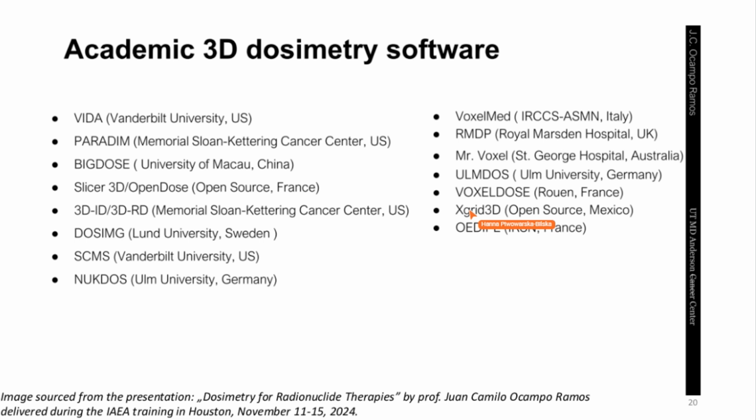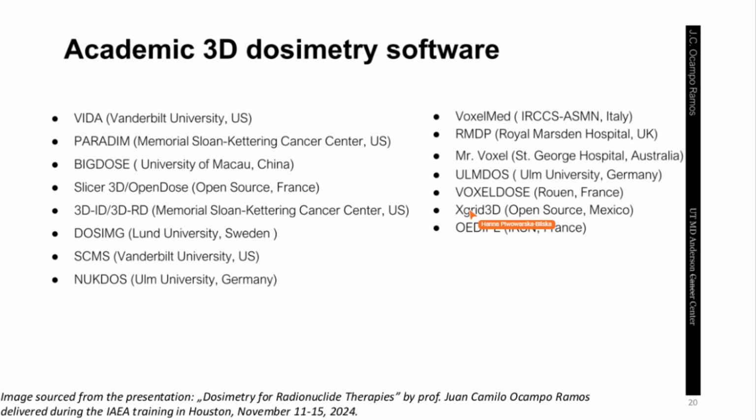Before I present our results concerning the first steps, I would like to present a list of the available dosimetry software. This is the global academic and commercial software. I would like to recommend Slicer 3D, developed by a French team headed by Professor Manuel Bartiers. This has some unique options, but it's quite hard to use, just like academic programs.